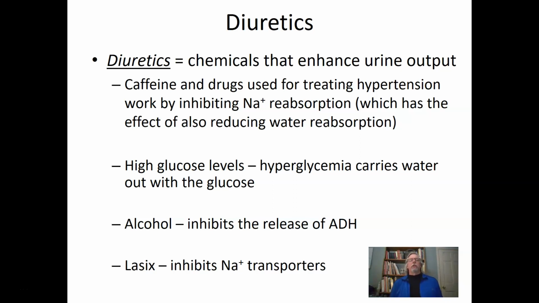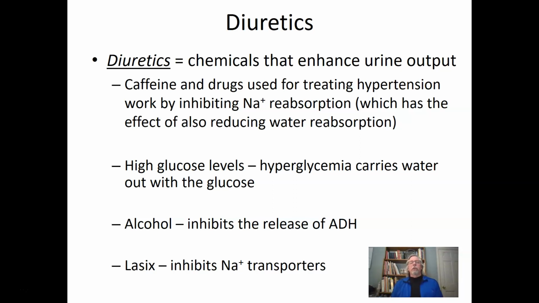Another thing that can cause increased urine output is having hyperglycemia, so high blood glucose levels. What happens is normally glucose is completely reabsorbed after being filtered.